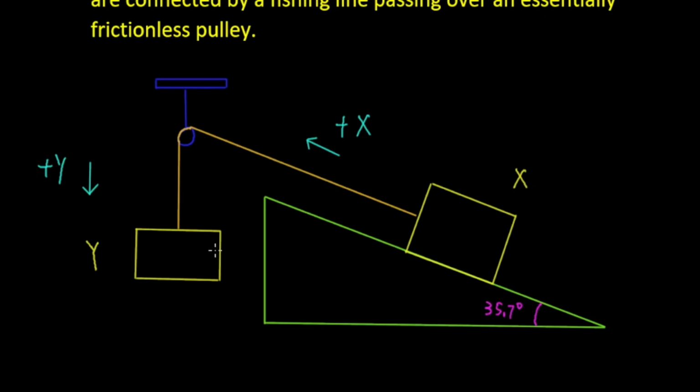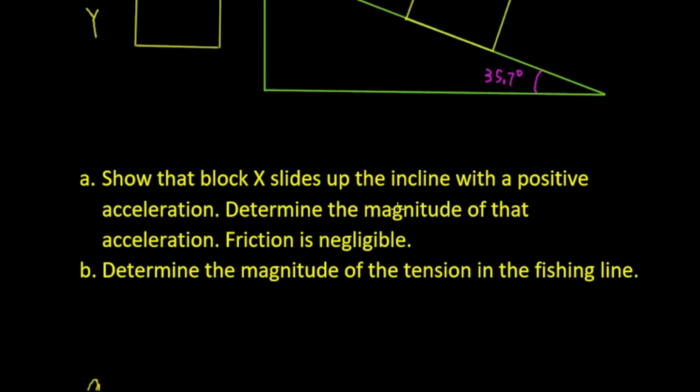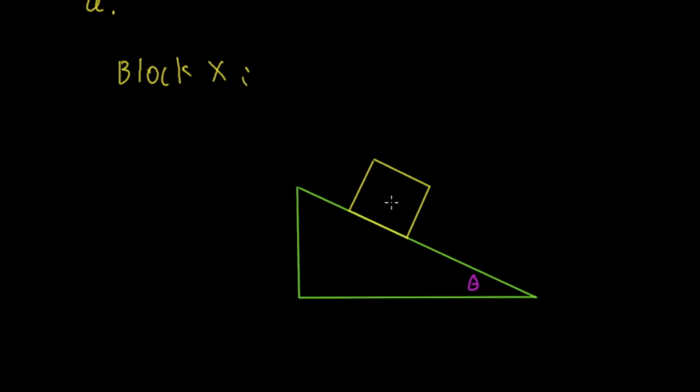If we calculate the acceleration using this instruction, having this side as the positive x-axis and the downside as the positive y-axis, and the value of the acceleration is positive, then block X is experiencing a positive acceleration going up the incline. Okay, so let's see how this is.